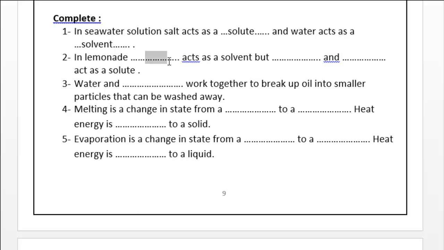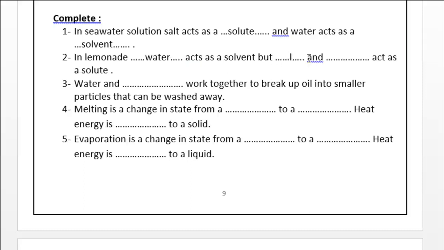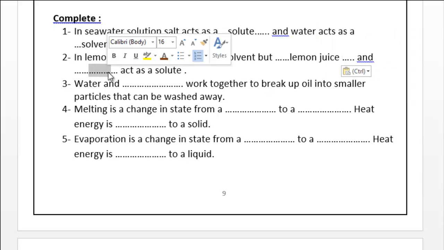That's right, water. Water acts as a solvent, but lemon juice and sugar act as a solute. So here lemon juice and sugar act as a solute.